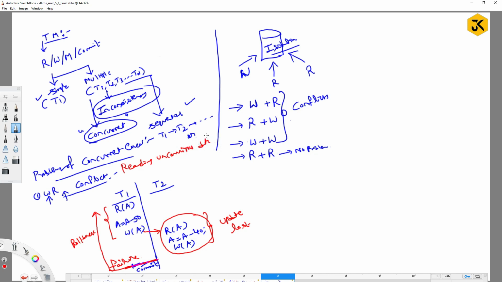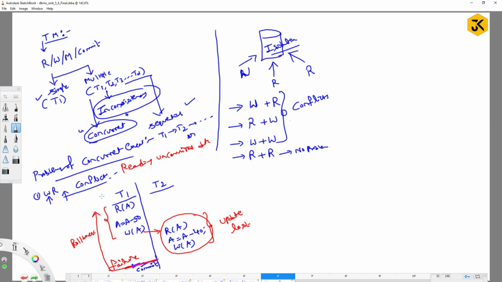Am I right? Suppose I make a commit here, which I am writing in green. Then even after any kind of failure, is there any loss in transaction T2? No problem. So because of reading uncommitted data, you get a write-read conflict.